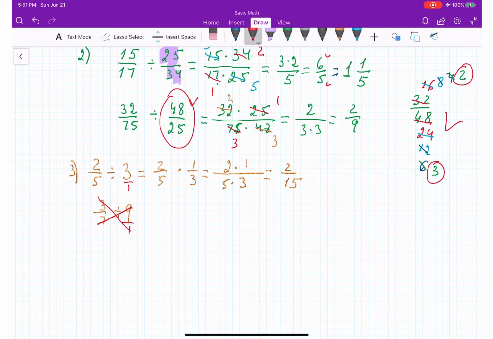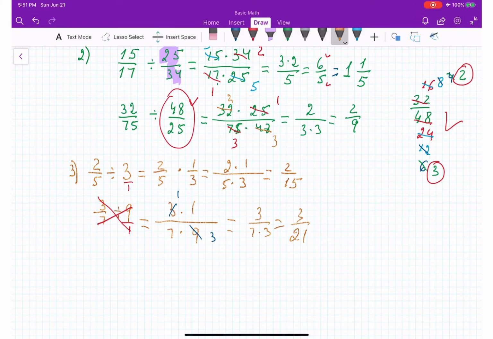Either flip the second one, never the first one. The second one you flip, or you do cross multiplication. So it's going to get the same thing. 3 times 1, 7 times 9. So 3 and 9 I can divide by 3. So this is going to be 1. 9 divided by 3 is 3. And the answer is going to be 1 over 7 times 3, which is going to be 1 over 21.